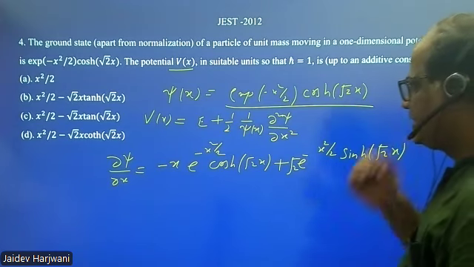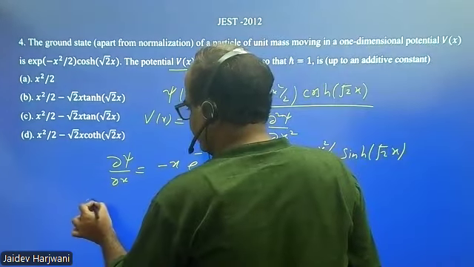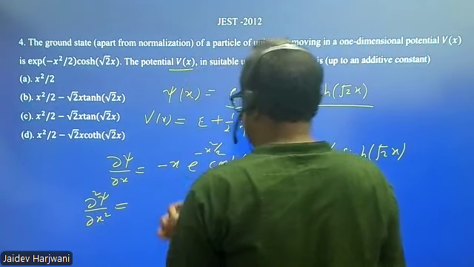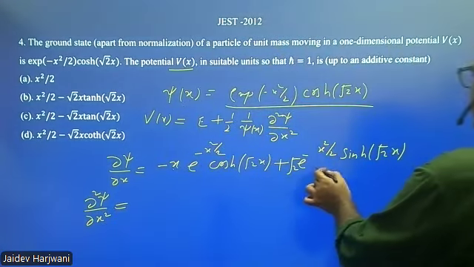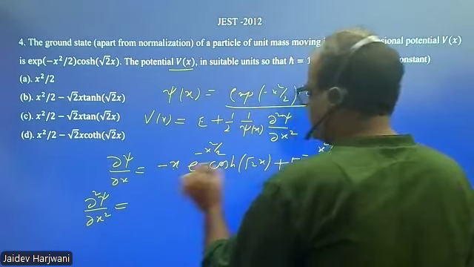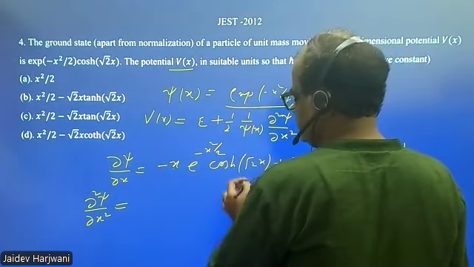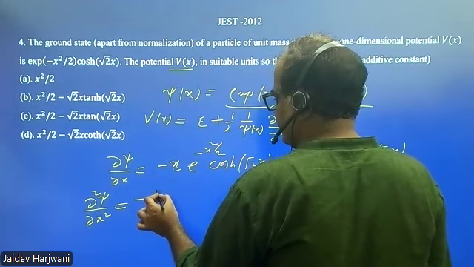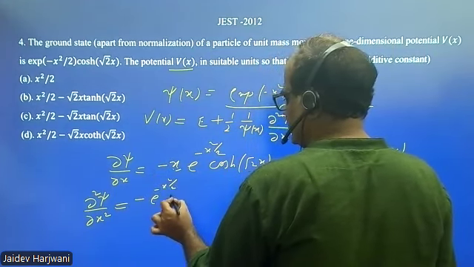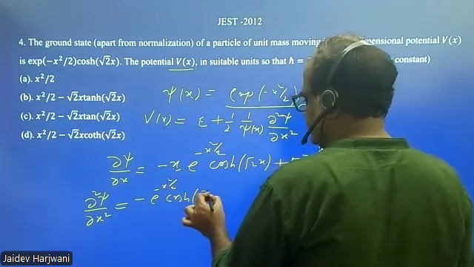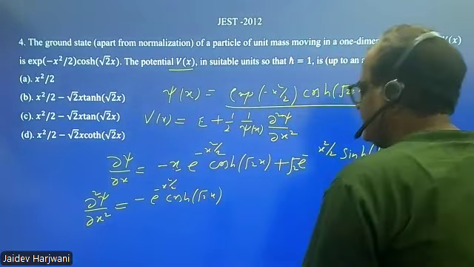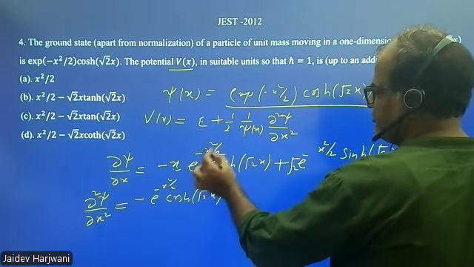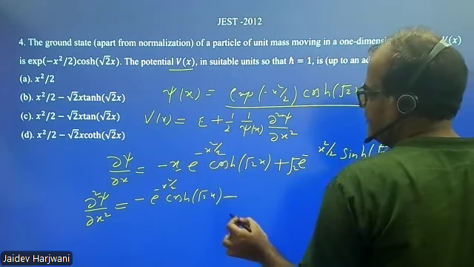Now I have to do the double differentiation. So you have to be careful. Del 2 psi upon del x square. Now here are three terms, and here I have two terms. So I differentiate using the product rule. The first term I replace by 1, so I will be doing 1 e power minus x square by 2 cos hyperbolic root 2x. Again, this minus x, if I differentiate, I'll get again minus x.